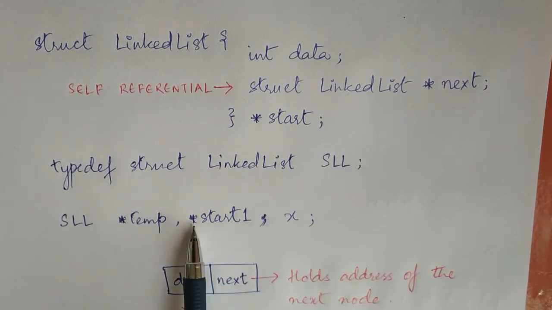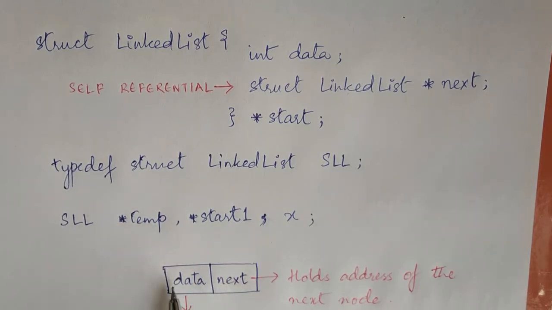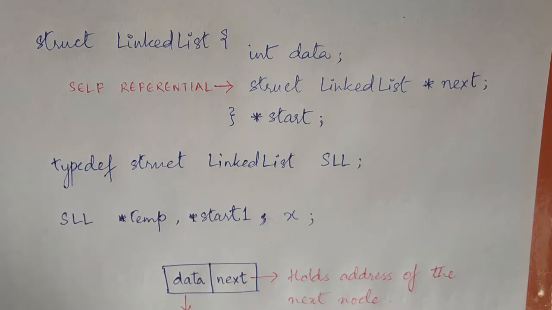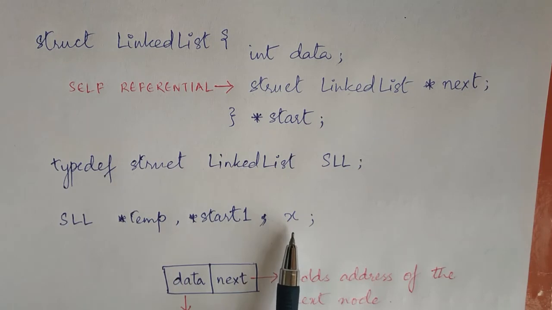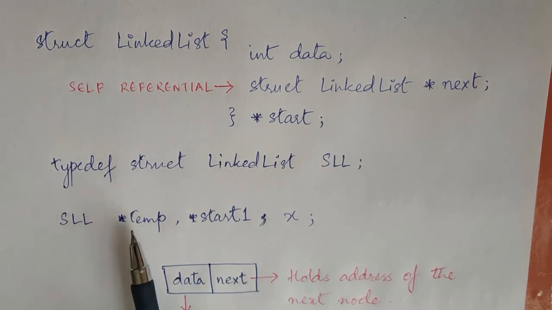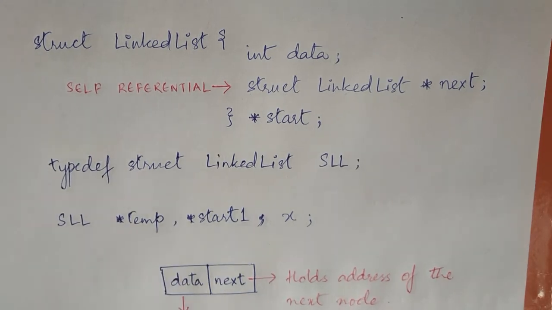But when I say star temp, it can hold the address of this node, but it will not have the memory to hold a data and an address. It is just a pointer holding the address. Just like when you say int X, there is a memory location X that can hold an integer. But when I say int star Y, Y cannot hold an integer, Y can hold the address of an integer location.